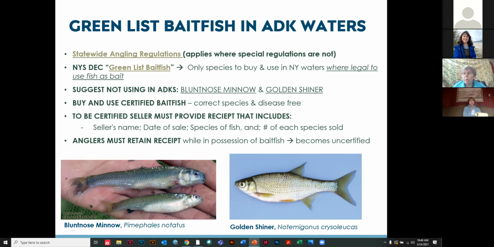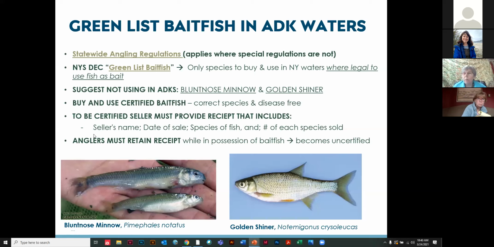Now, what does it mean to be certified? It's not too high-tech. You're not going to find too many websites that say, here's where you find all the certified bait being sold in these areas. But that seller takes responsibility for identifying the species and identifying that it's disease-free.